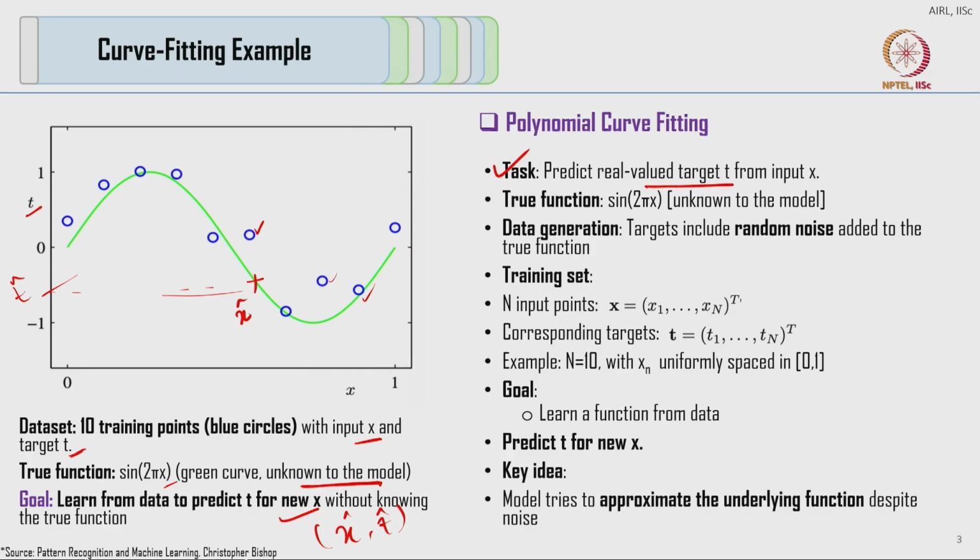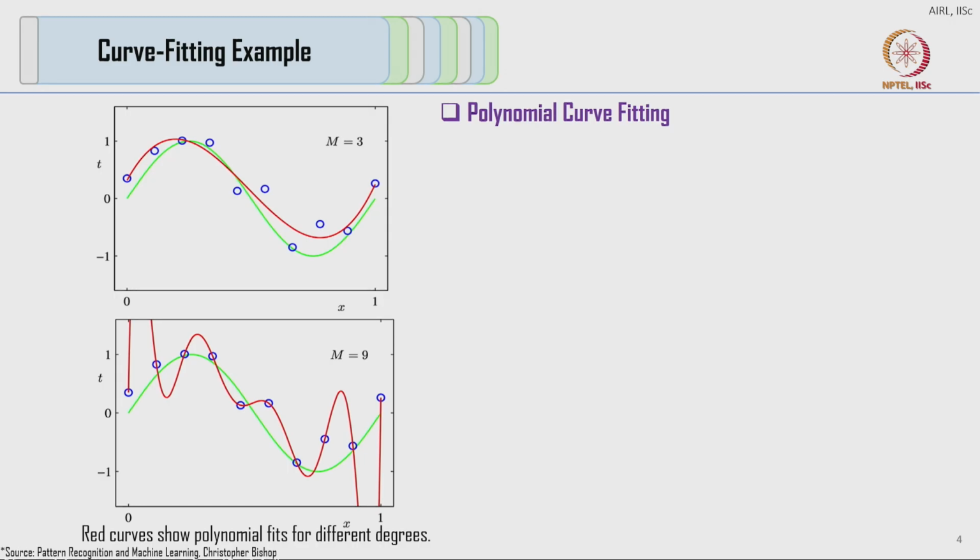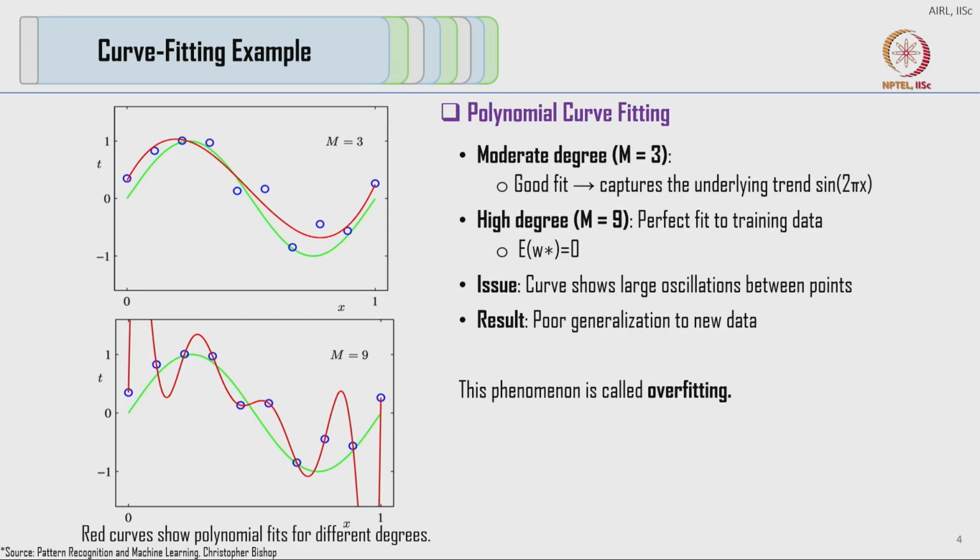The true function is something which is unknown to the model, which is sine 2 pi x, and the targets which are generated have certain noise as observed in the graph. We have about n is equals to 10 points which are uniformly spaced from 0 to 1, right. Now the key idea is to train the model which has learnable weights w to approximate the underlying function sine 2 pi x.